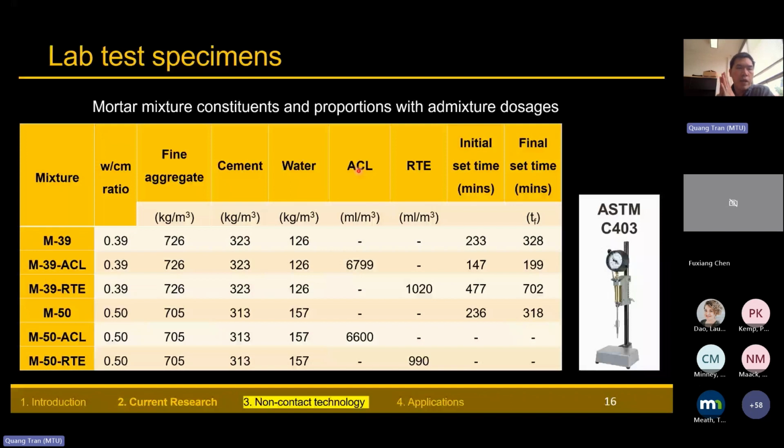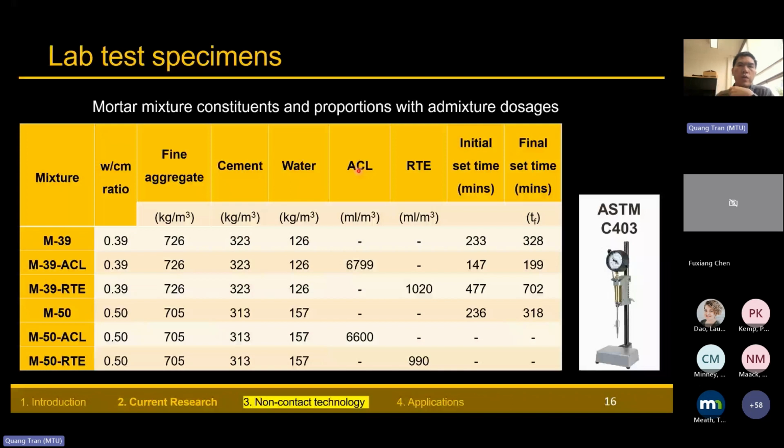So in the lab, we made 6 different mixes. We mixed with 2 water cement ratios, one is 0.39 and the other is 0.5. And in each, we have 2 chemical admixtures, sorry, 3 types: one where we don't add anything, just the plain cement, another with accelerators, and another with retarders.